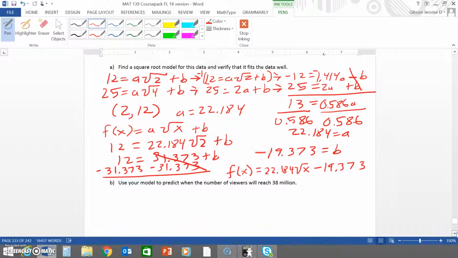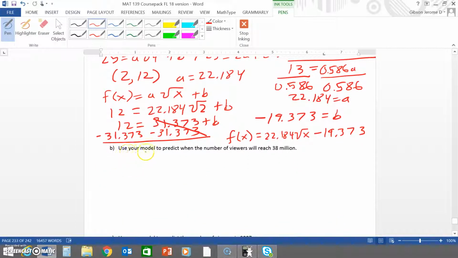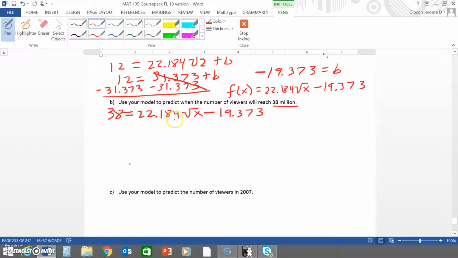So we're supposed to take this formula and use that model to predict when the number of viewers will reach 38 million. So this 38 million is going to replace f of x. So it'll be 38 is equal to 22.184 times the square root of x minus 19.373.